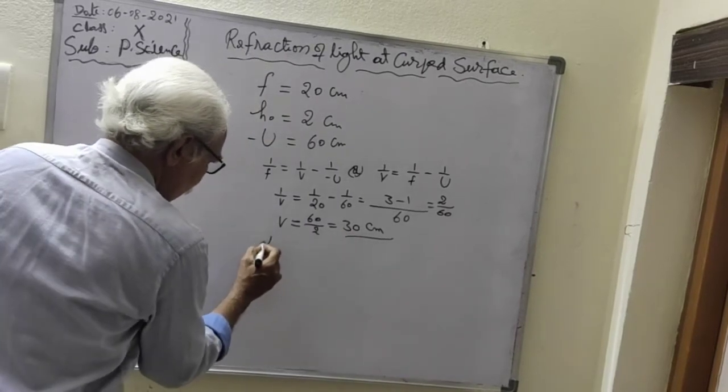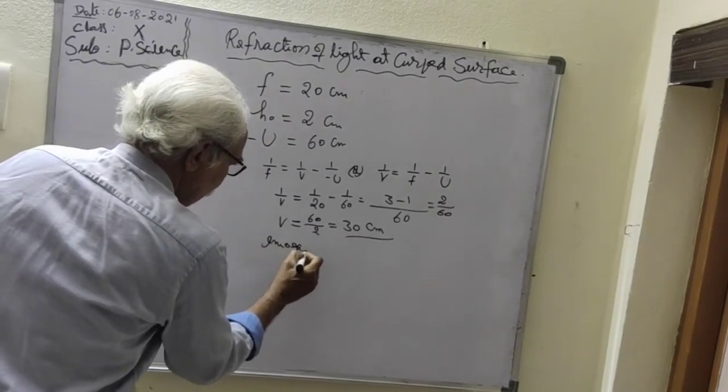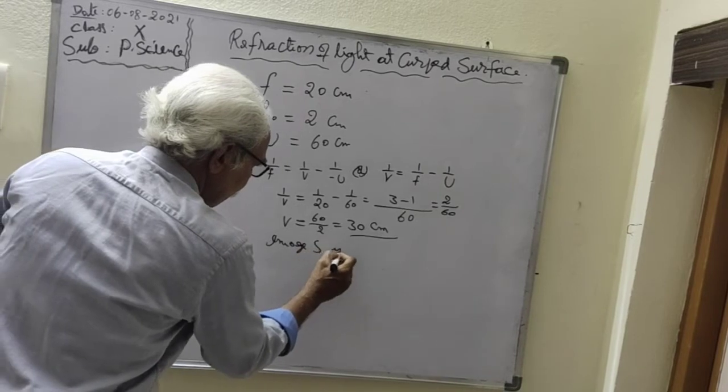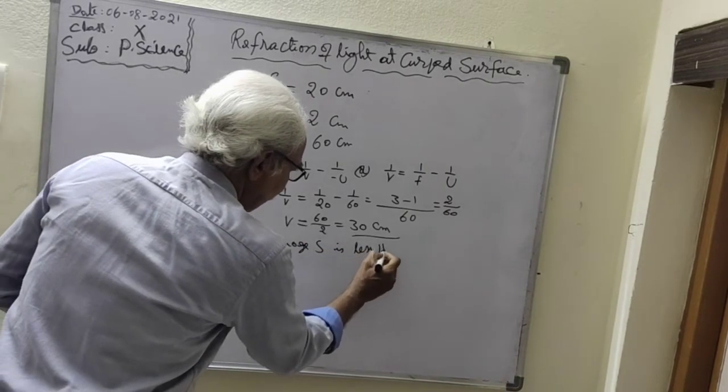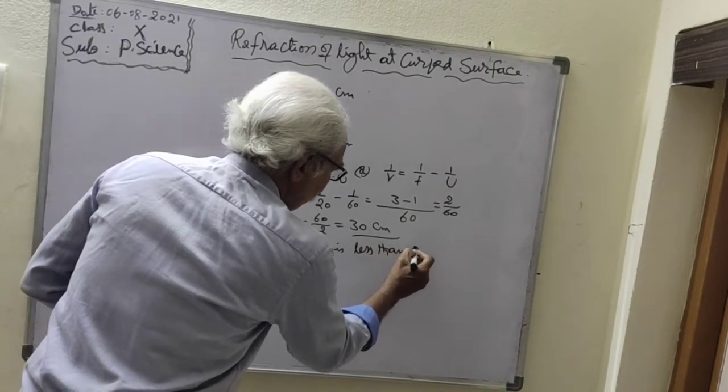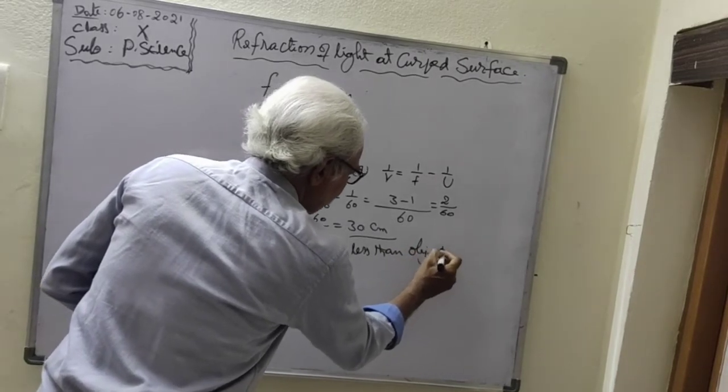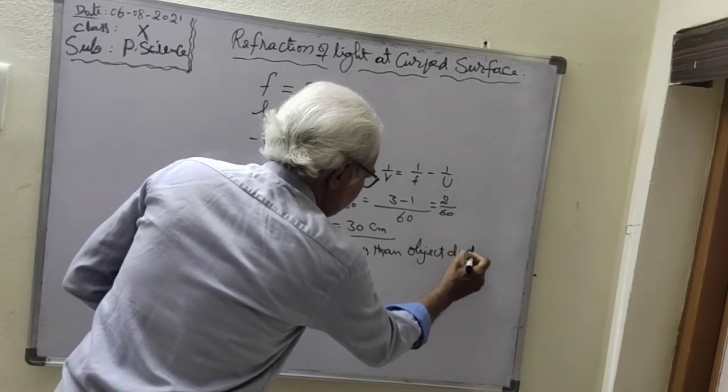So image distance is less than object distance.